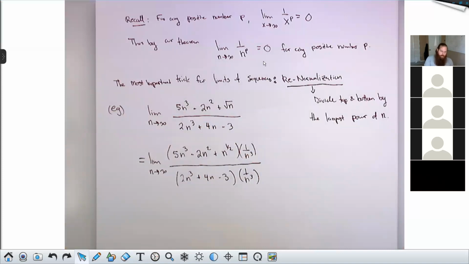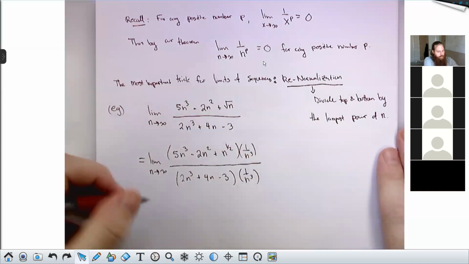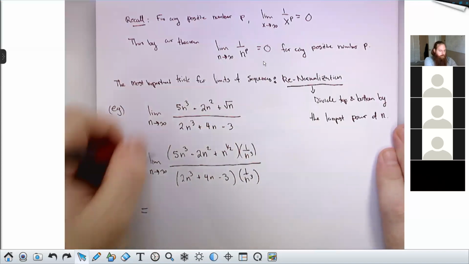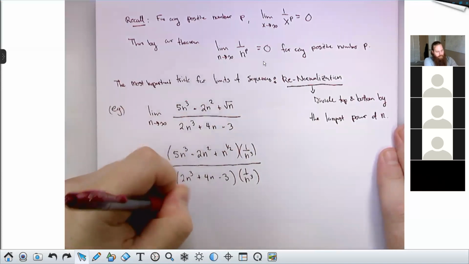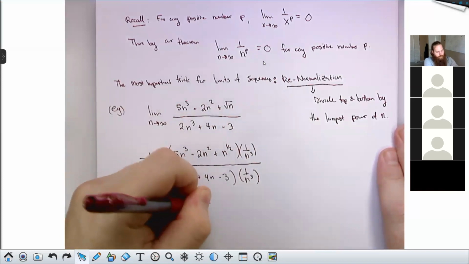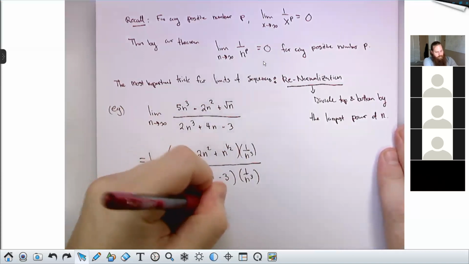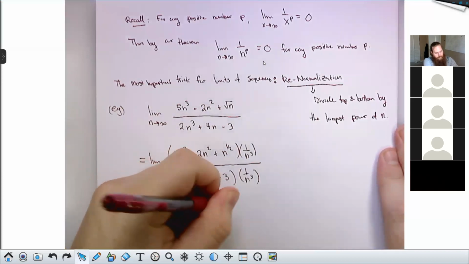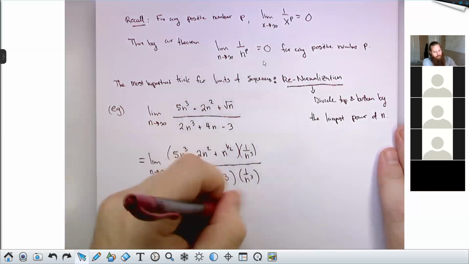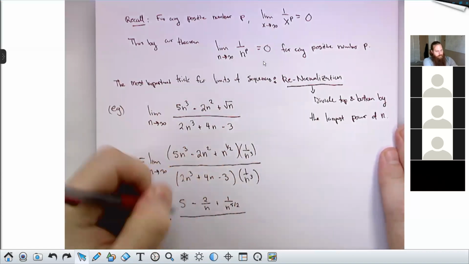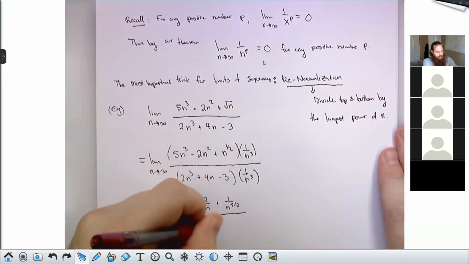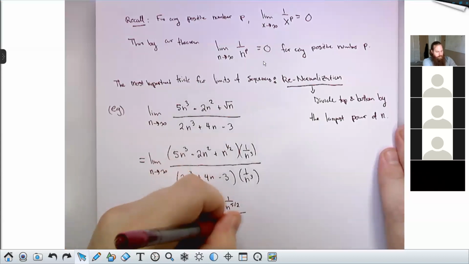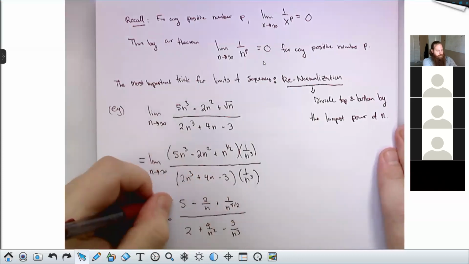Now when you distribute that 1 over n cubed downstairs and upstairs, you get the limit as n goes to infinity of 5 minus 2 over n plus 1 over n to the 5/2, divided by 2 plus 4 over n squared minus 3 over n cubed.